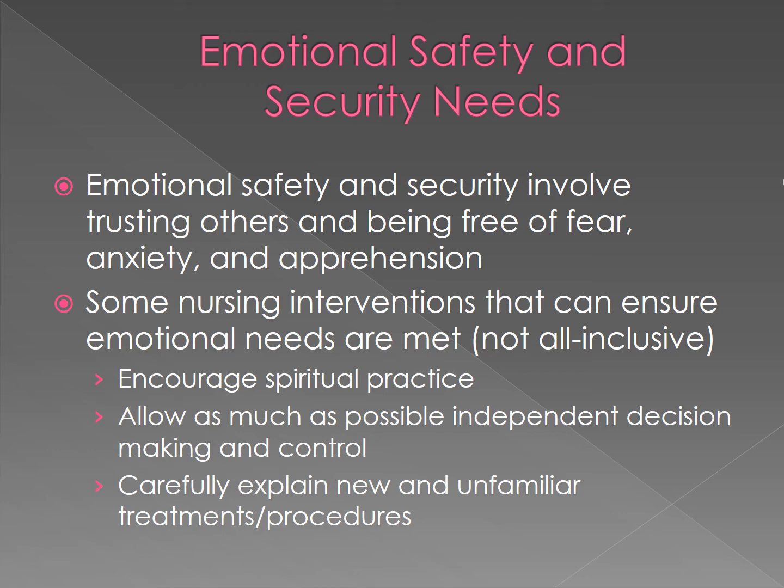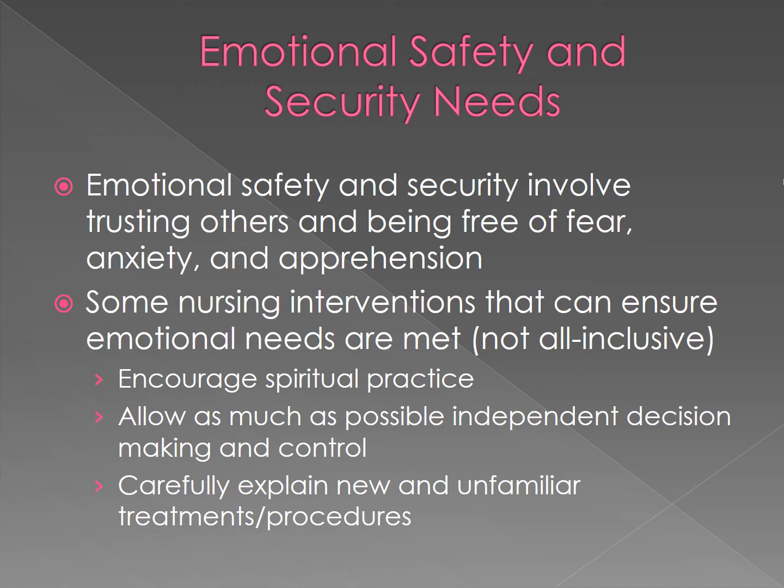We're still talking about safety and security, but we're talking about the other part of safety and security now, and that is emotional safety and security. This involves trusting others and being free of fear, anxiety, and apprehension, which is sometimes hard for patients to do in a hospital. They're worried they're going to get diagnosed with an illness that could cost them their life.